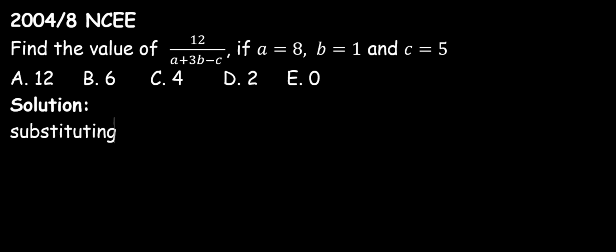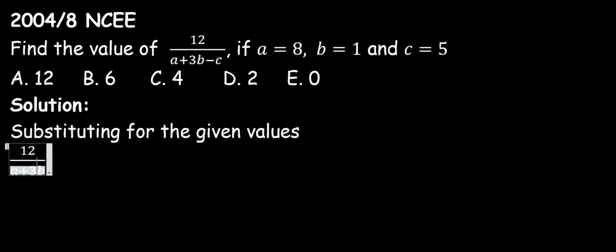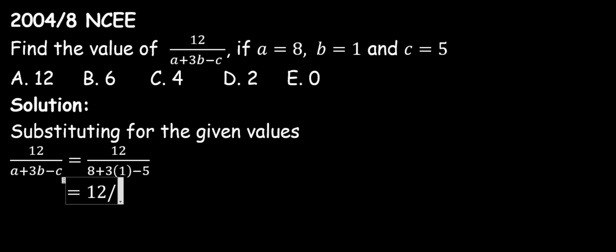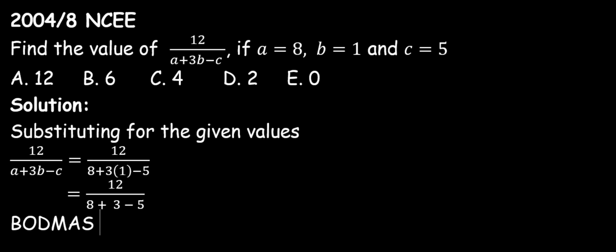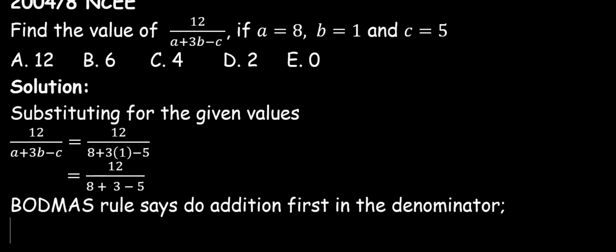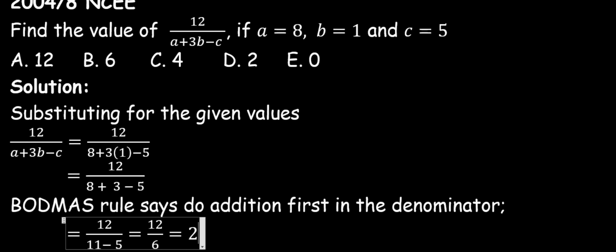Substituting for the given values, we have 12 divided by A plus 3B minus C will be equal to 12 divided by 8 plus 3 into (1) minus 5, which is equal to 12 divided by 8 plus 3 minus 5. BODMAS rule says do addition first in the denominator. And that will be equal to 12 divided by 11 minus 5. That is the same as 12 over 6, which is equal to 2.